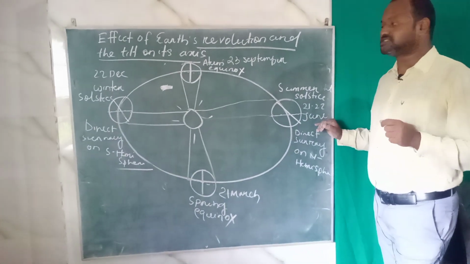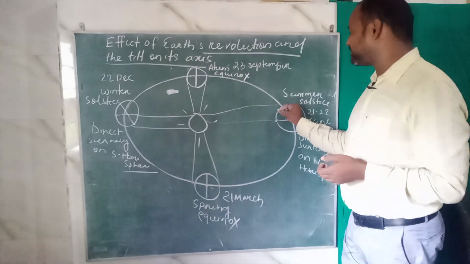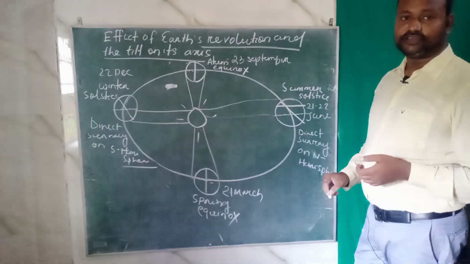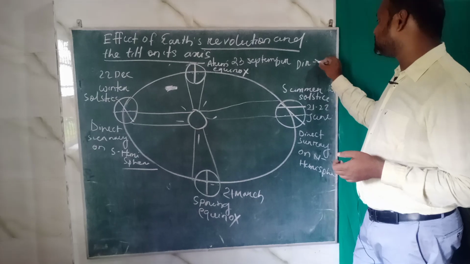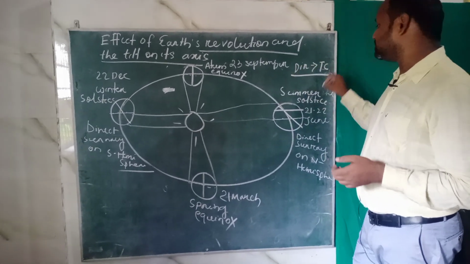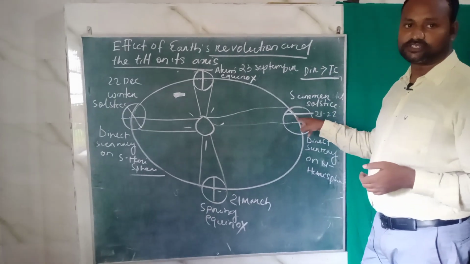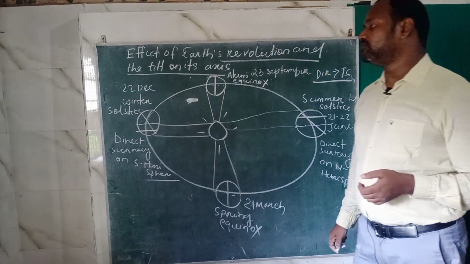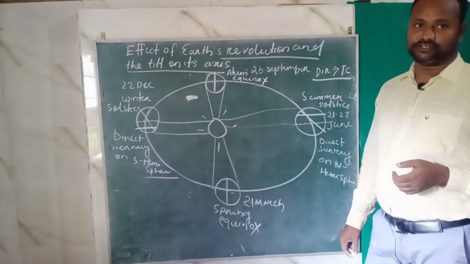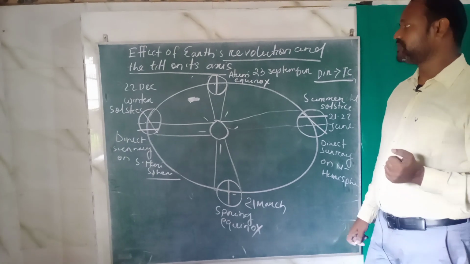We have the direct sun ray over the Tropic of Cancer during the summer solstice. And here the direct sun ray is over the Tropic of Capricorn during the winter solstice.